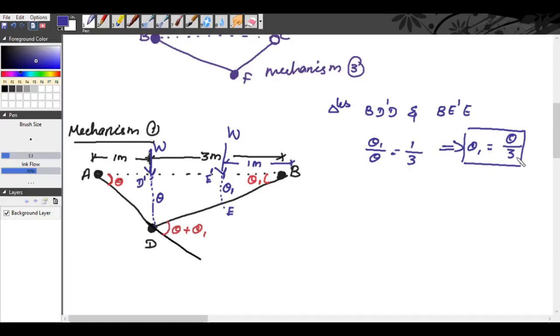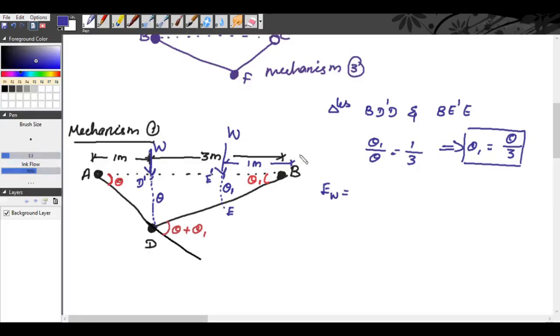Now we will take external work done equal to internal work done. First of all, we will find the external work done. External work done is equal to the external force into the distance under this load. Because it is a concentrated load, we have to take the load into distance. If it is a UDL, you have to take the UDL multiplied by the area under the UDL.